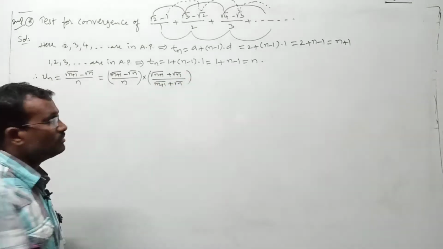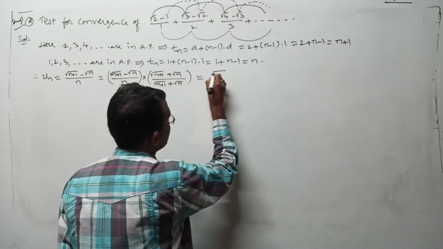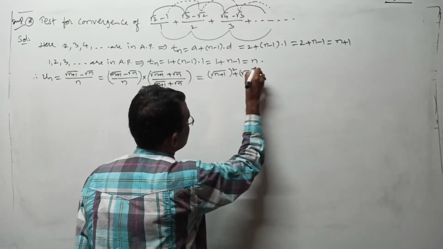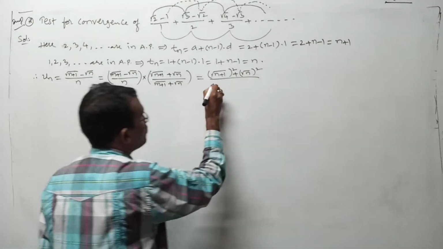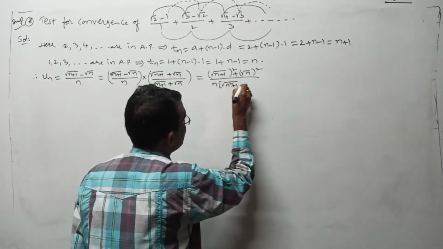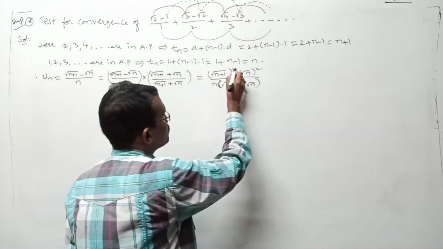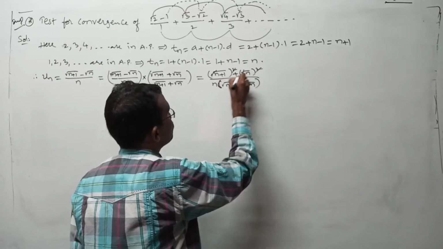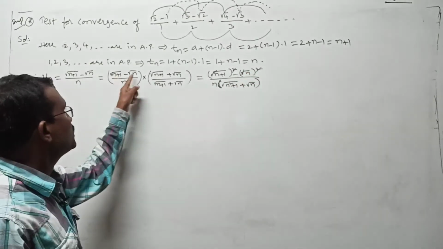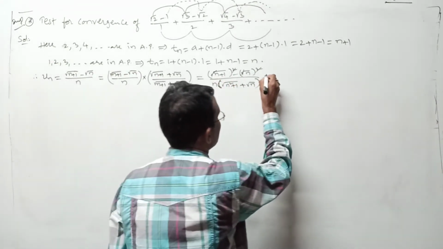Again a minus b into a plus b is a square minus b square: root n plus 1 whole square minus root n whole square, by n into root n plus 1 plus root n. Here the square and root cancel. Sorry, a minus b into a plus b is a square minus b square. Here n also gets cancelled, and the numerator is simply 1.